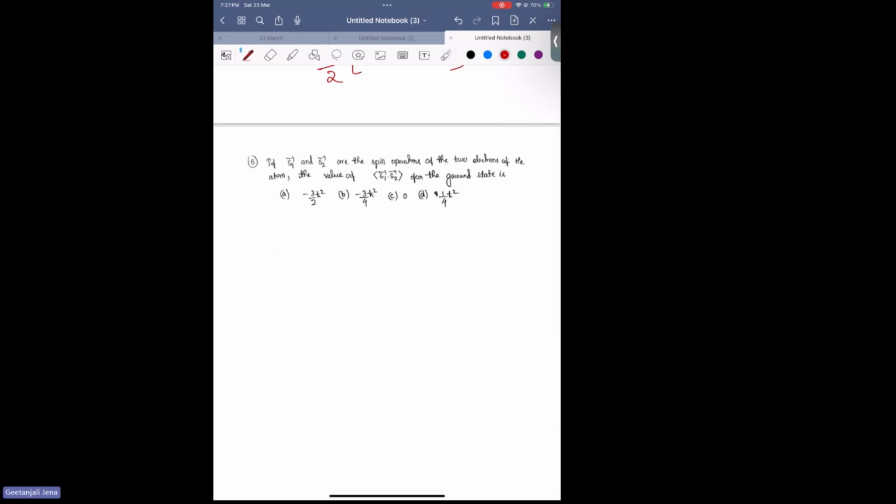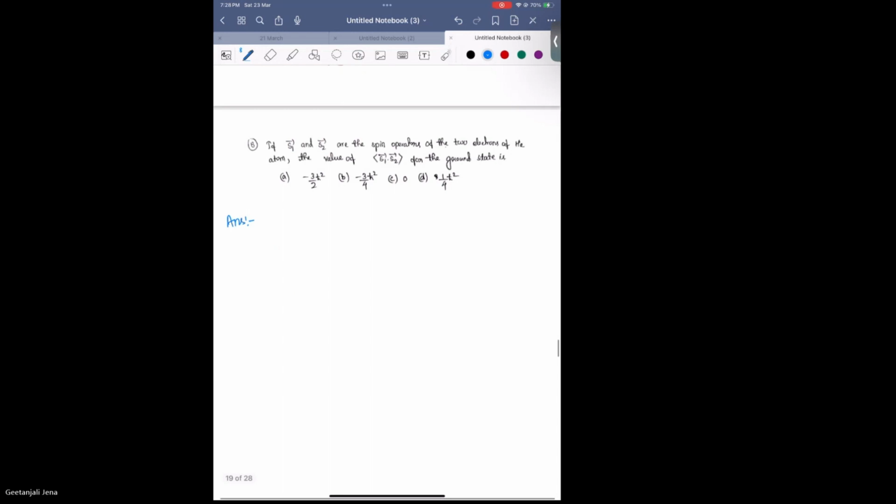So let us move to the next question. It is given if S1 and S2 are the spin operators of two electrons of the helium atom, then what is the value of S1 dot S2 for the ground state?